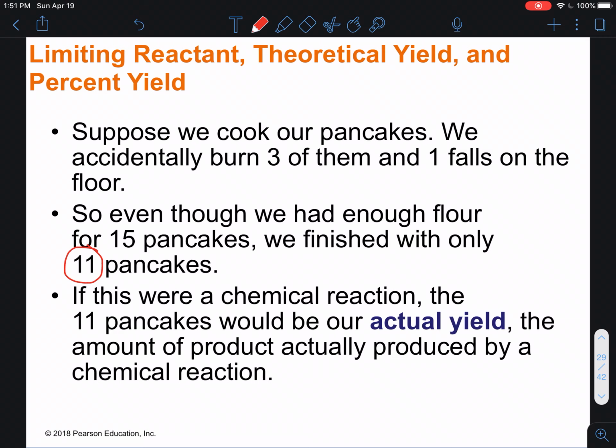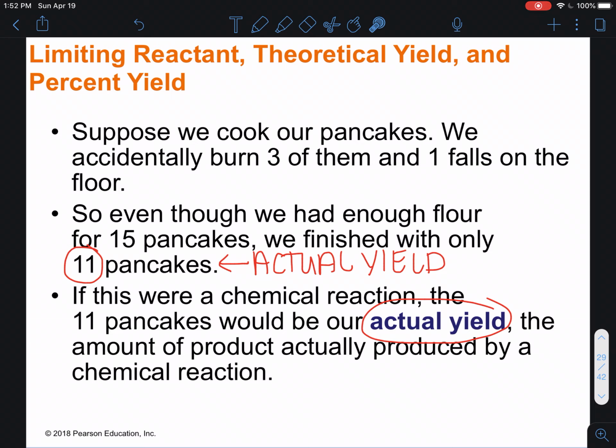So these 11 pancakes would be called our actual yield. If this were a chemical reaction, the 11 pancakes would be our actual yield. It's the amount that we actually made, the amount of product actually produced by a chemical reaction, okay?